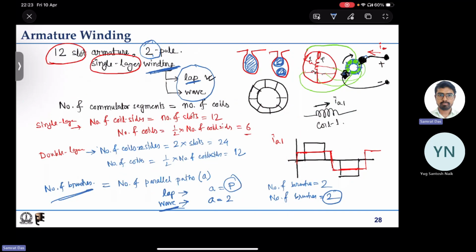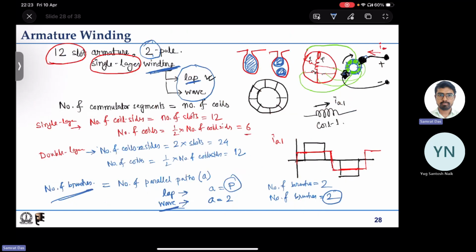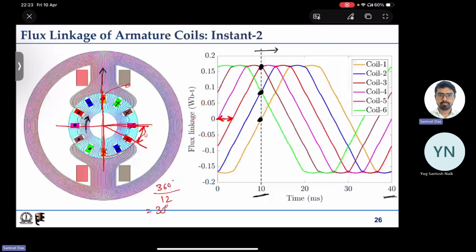Although we have a quasi-square wave induced EMF waveform and pulsating current waveforms in each coil, we will first understand the armature winding, and then from there go on to understand how the net induced EMF of the armature is reasonably constant with time, even if for individual coils, as it rotates, the inductance changes.